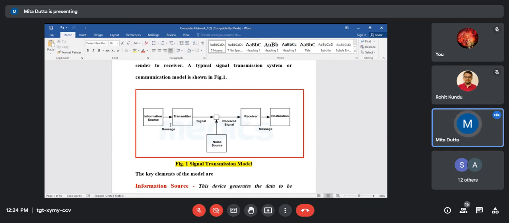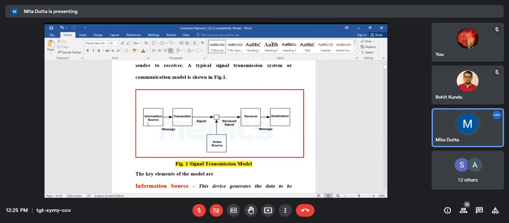But if we send the same voice signal by modulating it with a carrier, and the carrier is nothing but a sinusoid having higher frequency than that of the baseband signal, then we are able to shift the frequency spectrum of the signal so that it will be broadened. That is why we call it a broadband signal.